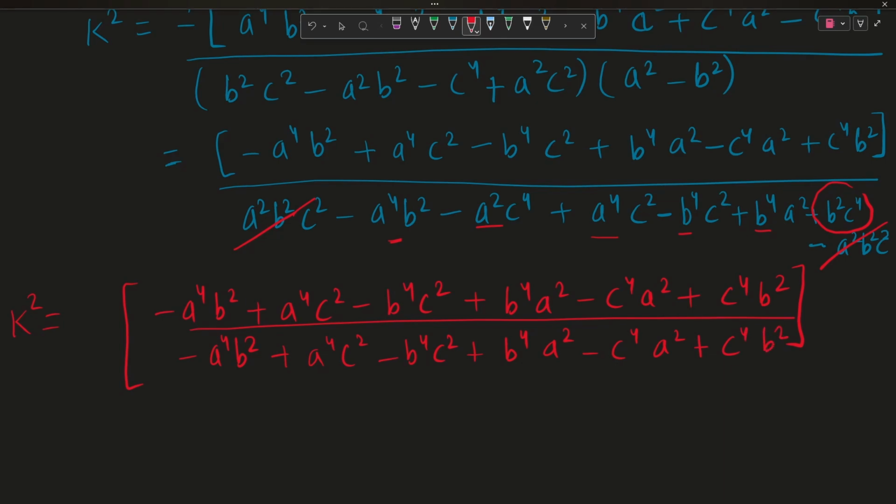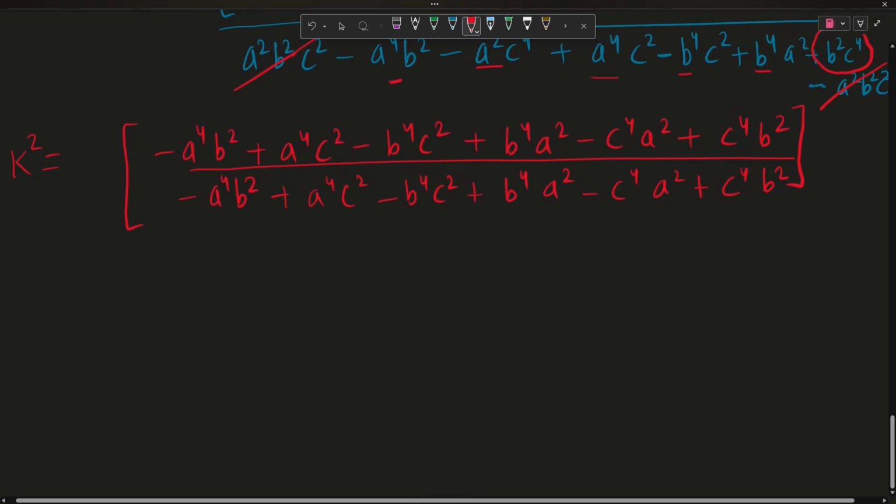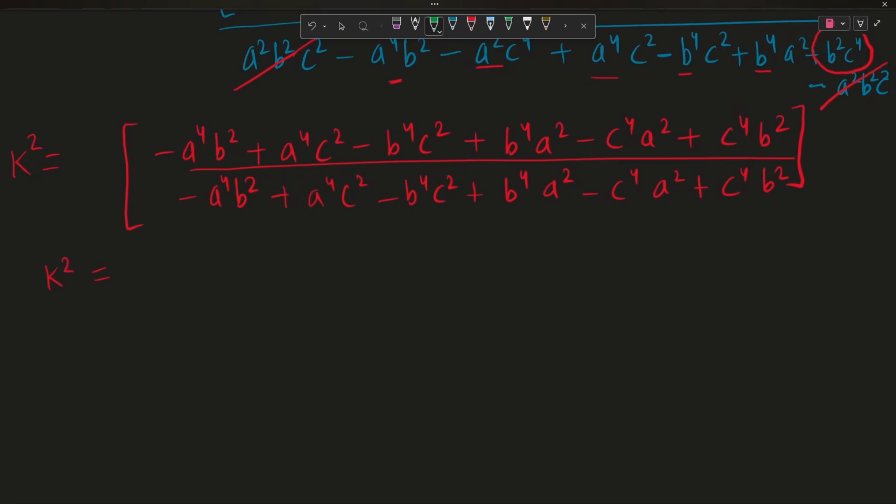You can clearly observe that what we have solved in the numerator and denominator comes out to be the same, so the whole thing gets cancelled and comes as 1. So k square is equal to 1, or the value of k comes to be plus minus 1.